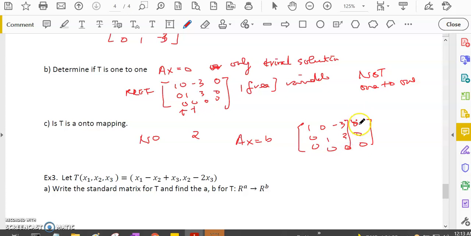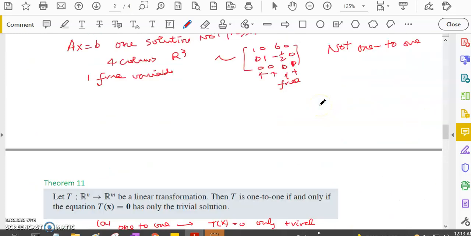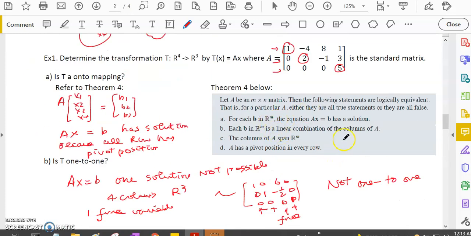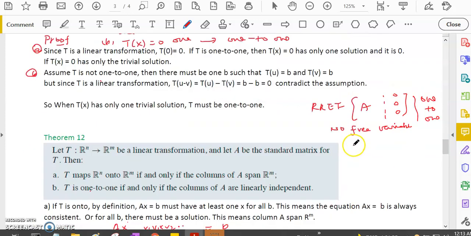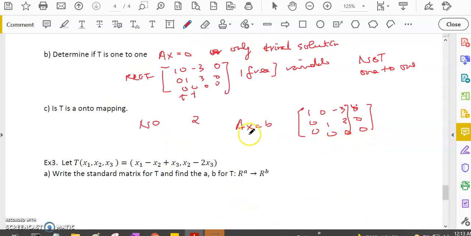So if it spans it, let's look at theorem 4. If it spans it, Ax equal to B has a solution, and A has a pivot position in every row. But I don't have a pivot position in every row. So for onto, you look at the pivot position in every row.